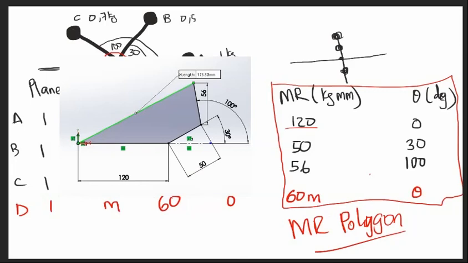But we haven't solved the question. We still want the value of the mass.